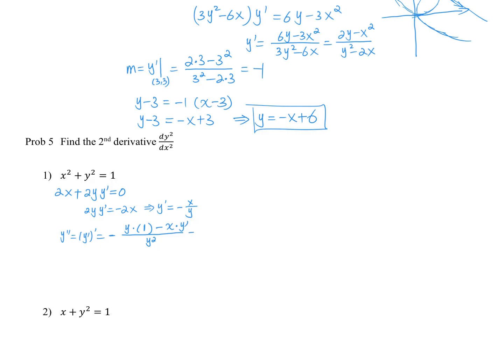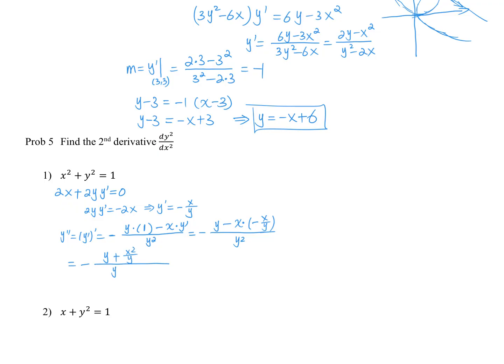And now this is equal to negative (y minus x times y prime) over y squared. What is y prime? We already found it in the earlier step. So therefore we plug in y prime, x times negative x over y. And let's simplify. In the numerator, it's y plus x squared over y.